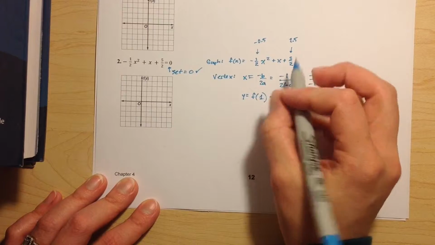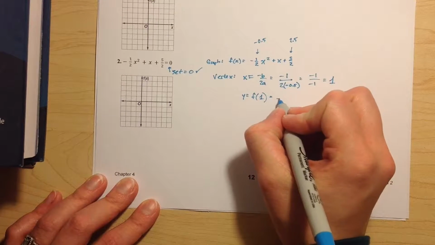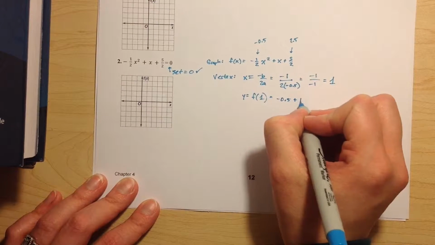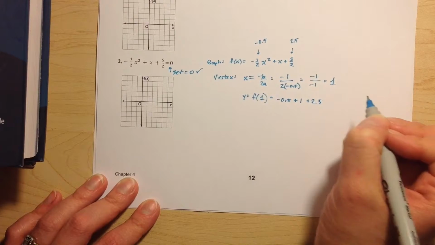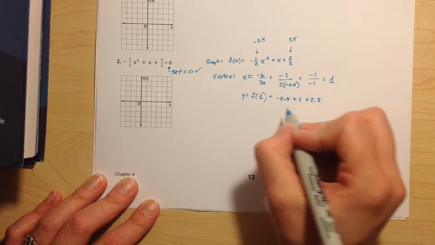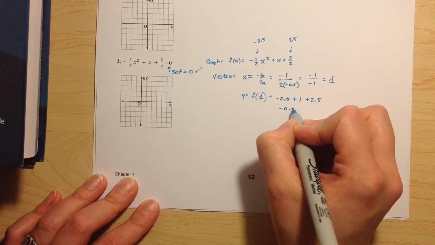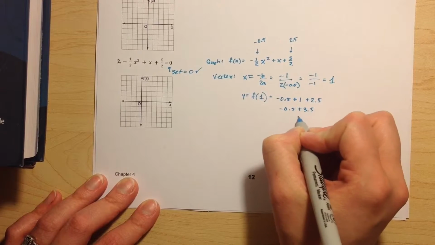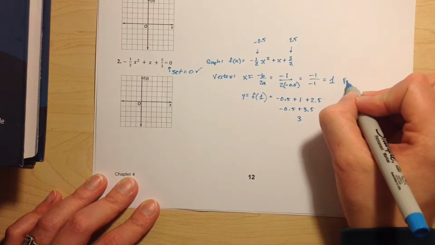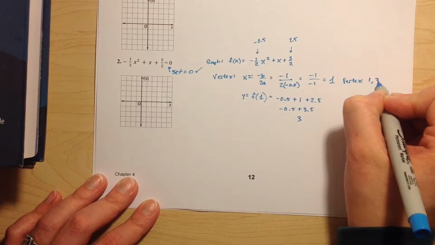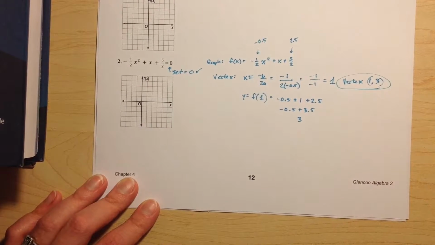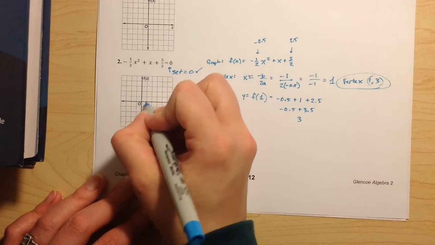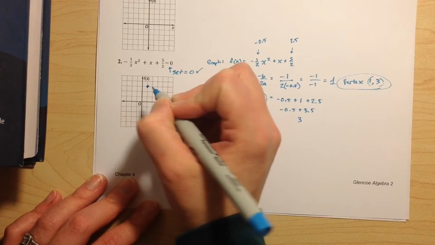So I'm going to have 1 squared is 1, so -1/2 plus 1 plus 2.5. That is going to give me -0.5 plus 3.5, so I have 3. So I have my vertex at (1, 3). There we go.